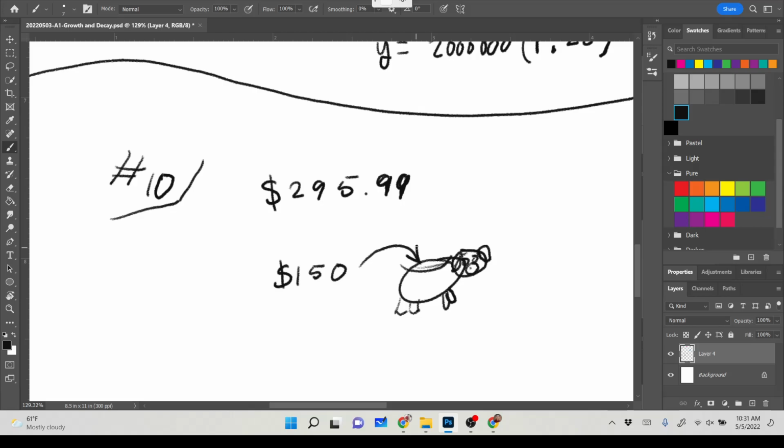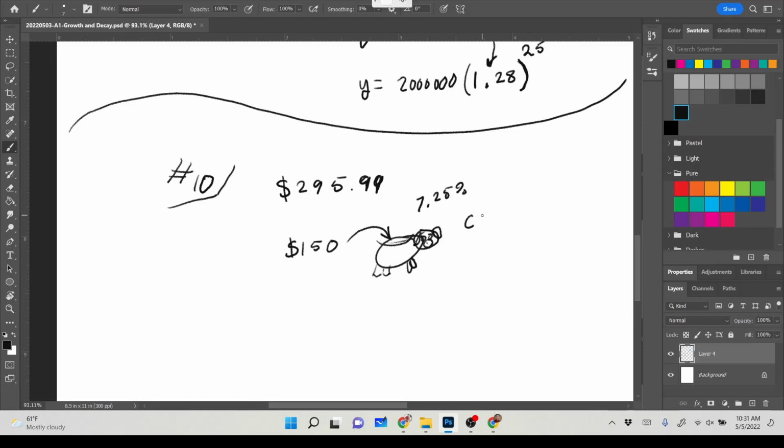So she put $150 into a savings account that pays 7.25% interest, compounded quarterly. Does that mean every 3 months? Quarterly. So how many quarters are in a year? 4.